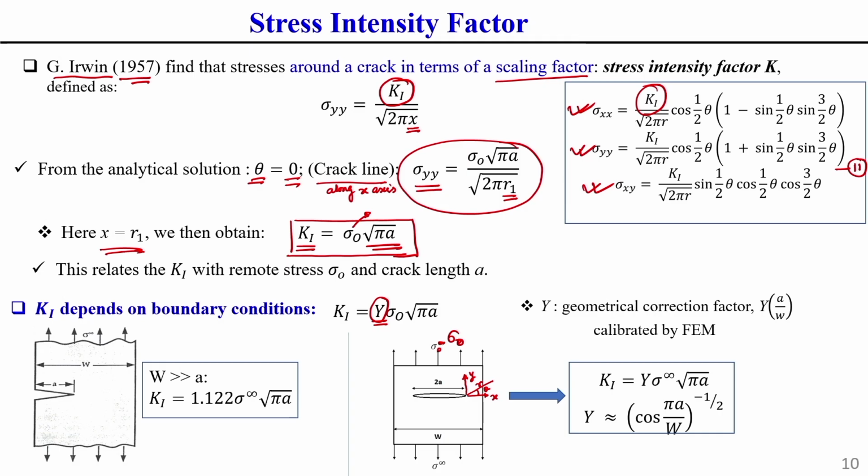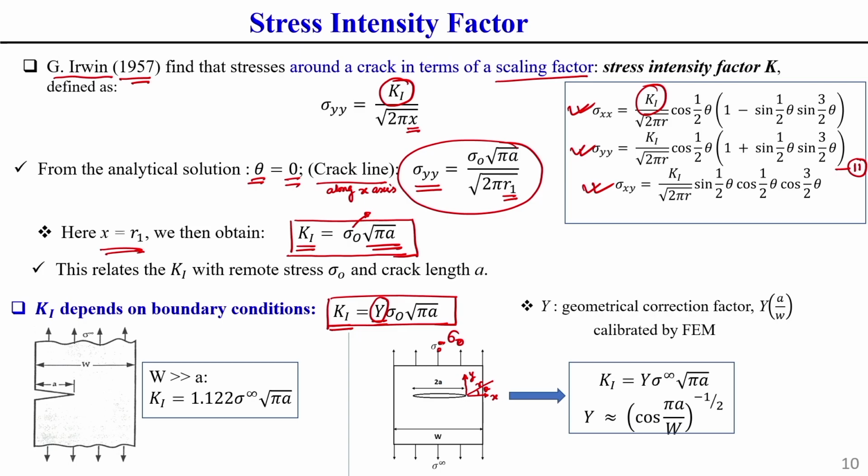I am showing some examples. That is why K1 is represented as K1 equal to Y into sigma 0 square root of pi a, because it depends on the geometrical correction factor Y.